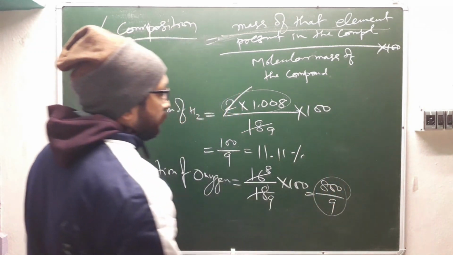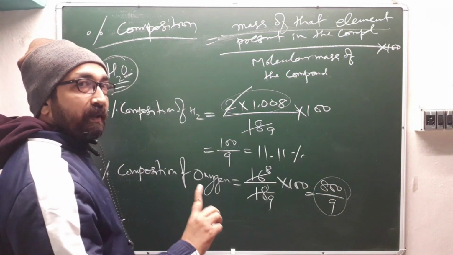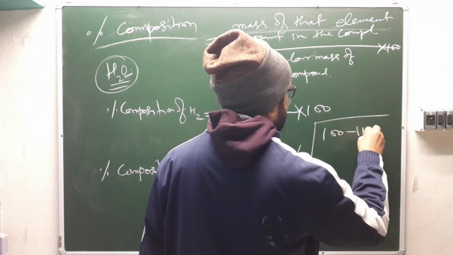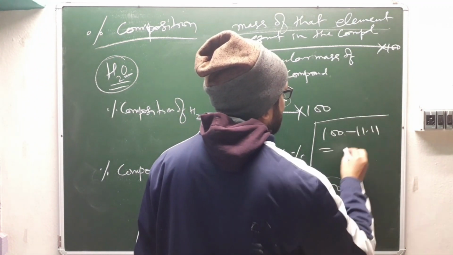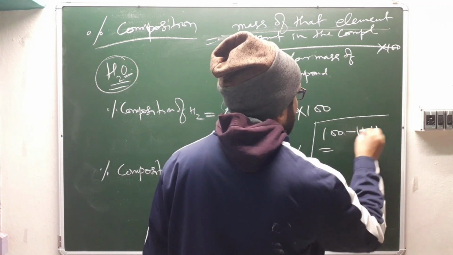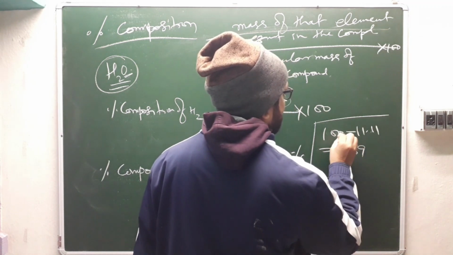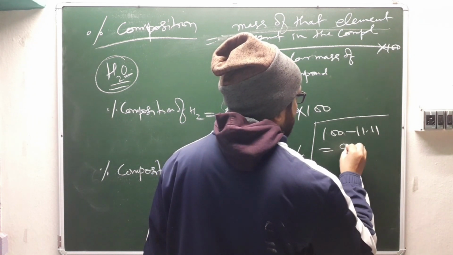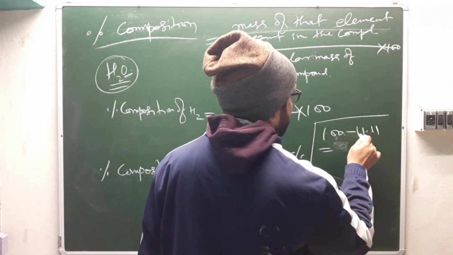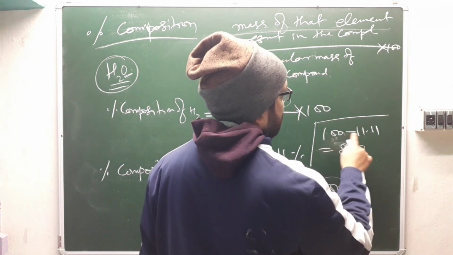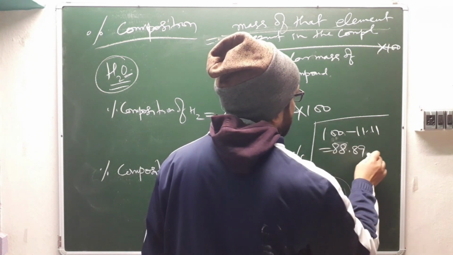By this method you can do it, or there is one more method. Directly you can do 100 minus 11.11, and it will come directly. How much is it coming? It is 88.89%.